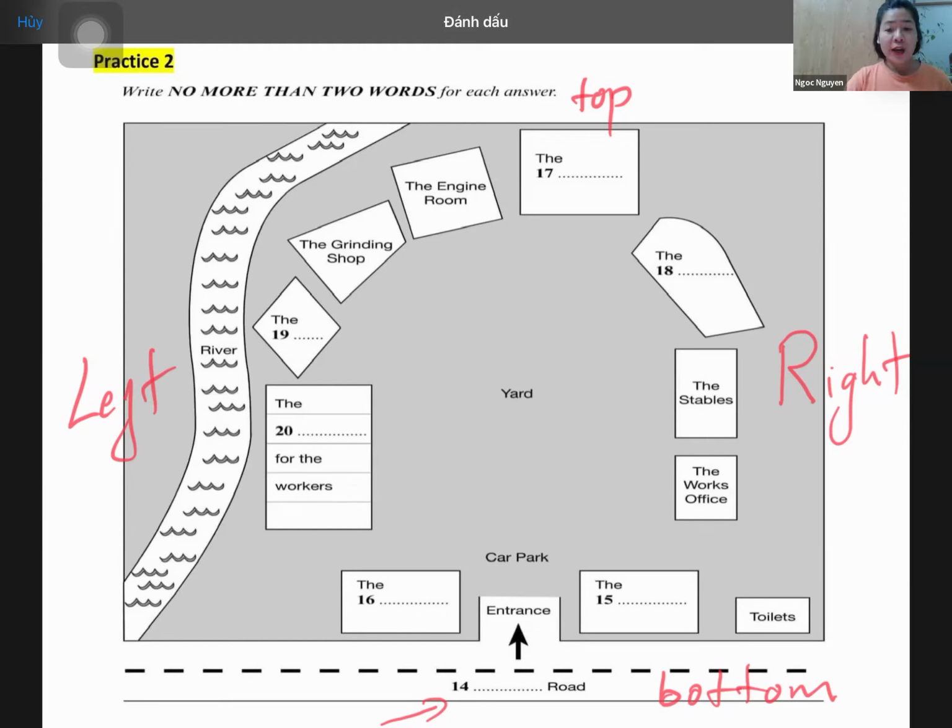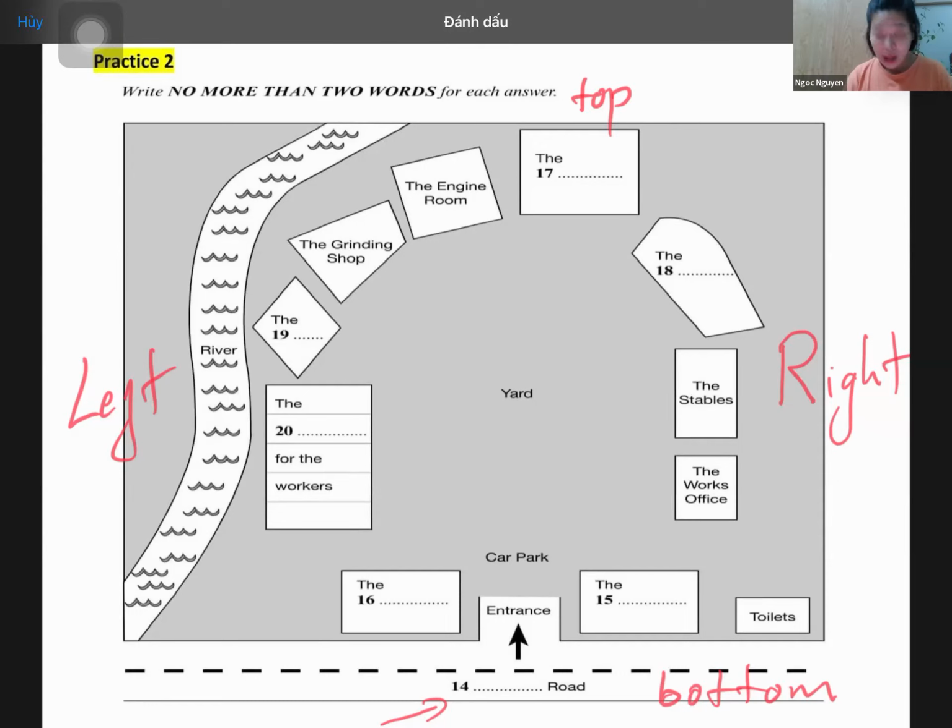So now I need your help. I will read a number and you will tell me where the number is, okay? I would like to ask Chang. Hello, Chang. Yes, I'm here. Chang, I will just say a number quickly, and you will need to tell me whether it is to the left or to the right, top or bottom.